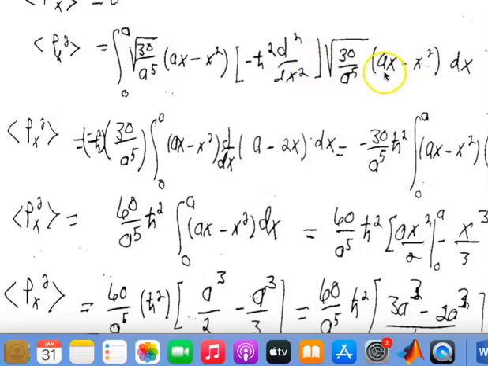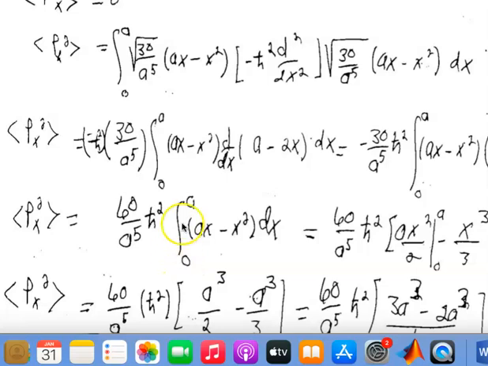When you differentiate ax minus x squared, you get a for the first term, and negative 2x for the second term. Now you have to differentiate one more time, and you get just a negative 2. There was a negative here, so a negative times a negative becomes a positive. So you get 60 over a to the fifth h bar squared.